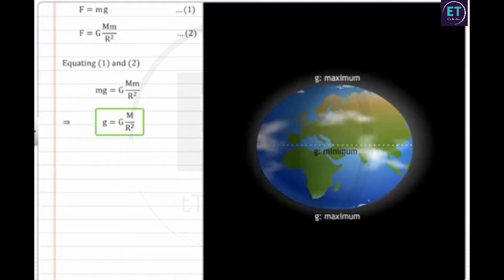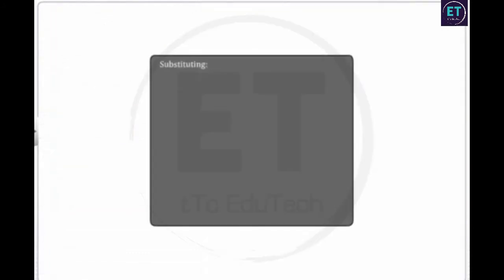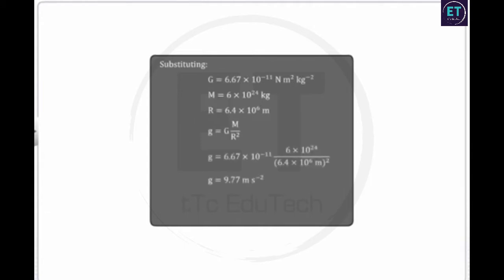To calculate the value of acceleration due to gravity g, we need to substitute the values of universal gravitational constant G, mass of the Earth M, and radius of the Earth R in the expression we derived. On substituting and simplifying, we find the value of g is approximately 9.8 meter per second square.